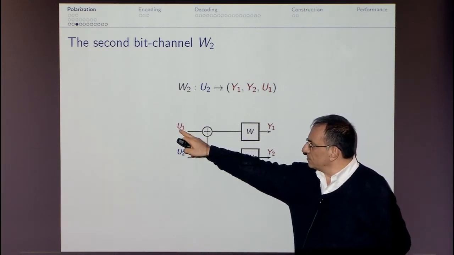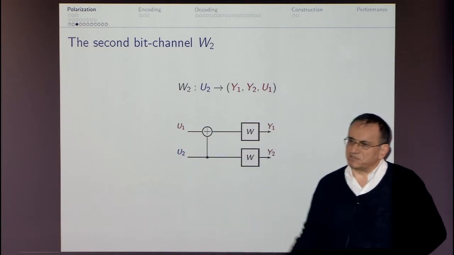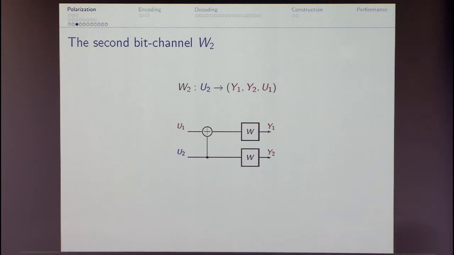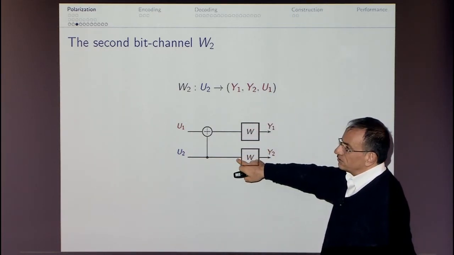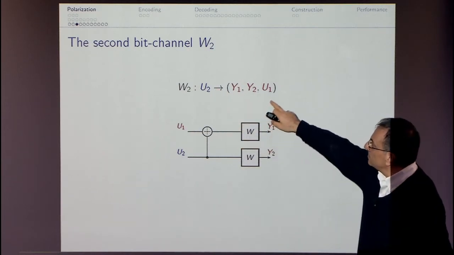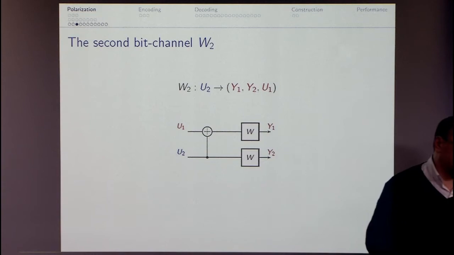The decoder can only estimate this, and a significant number of times the estimate is going to be wrong. So how can we assume that the decoder for the second bit channel has perfect knowledge of the first input?